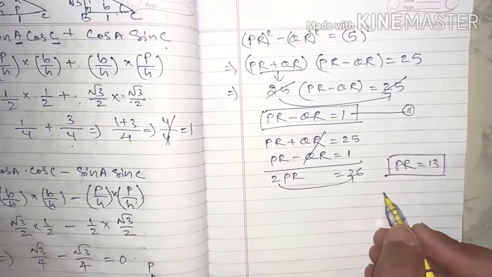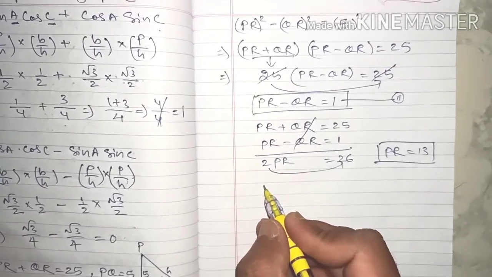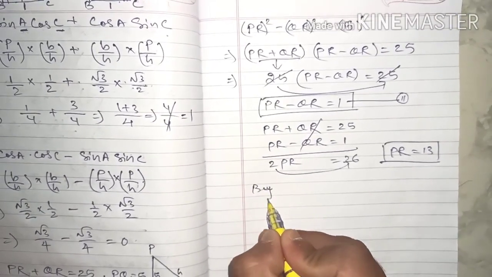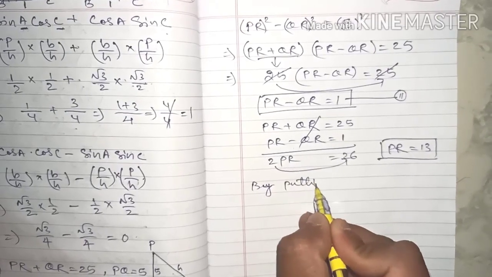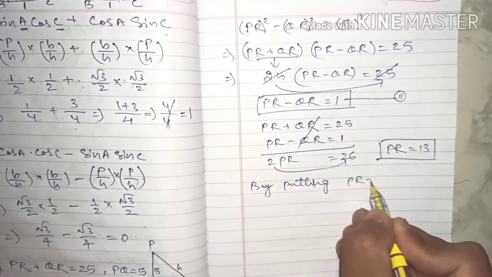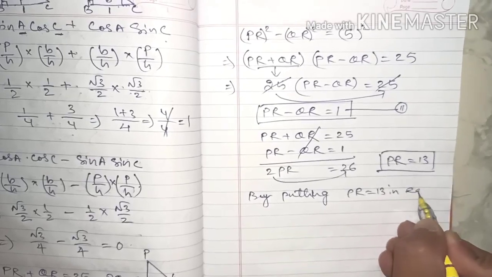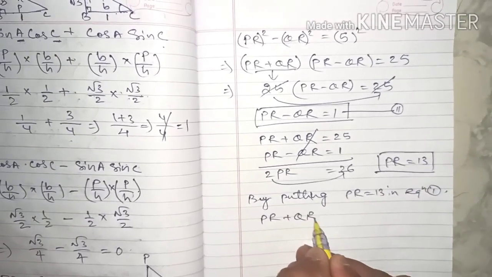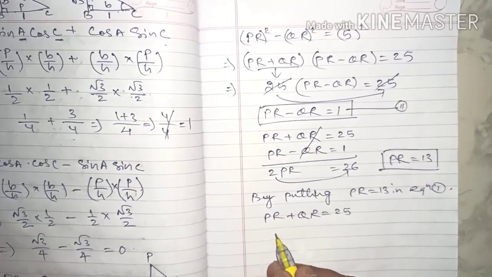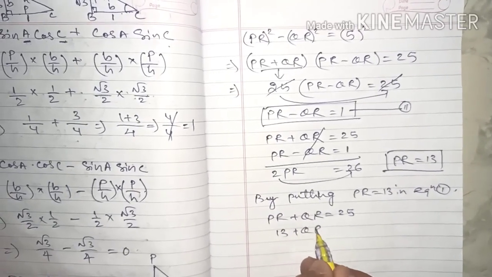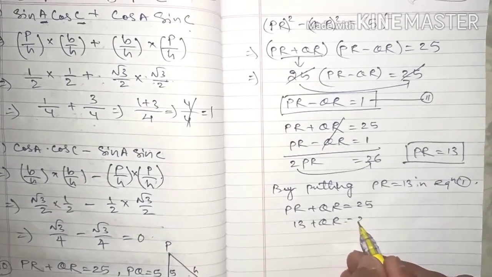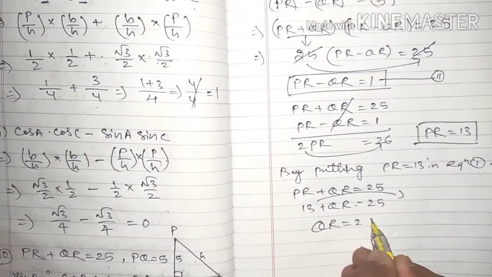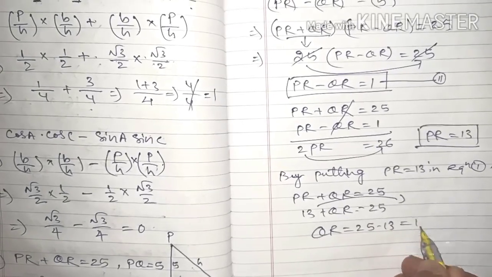So PR we got 13. Now the value of QR, just substitute PR equals 13 in equation 1. PR plus QR equals 25, PR we have 13, plus QR equals 25. QR equals 25 minus 13 equals 12.